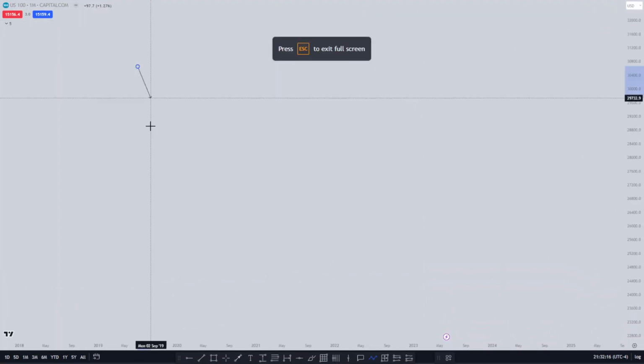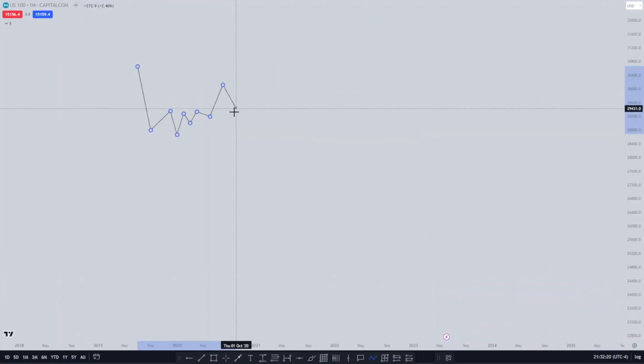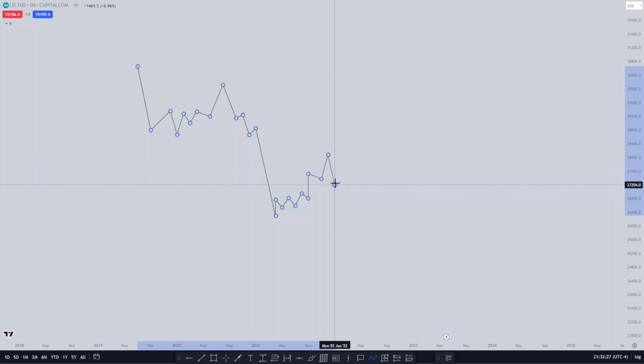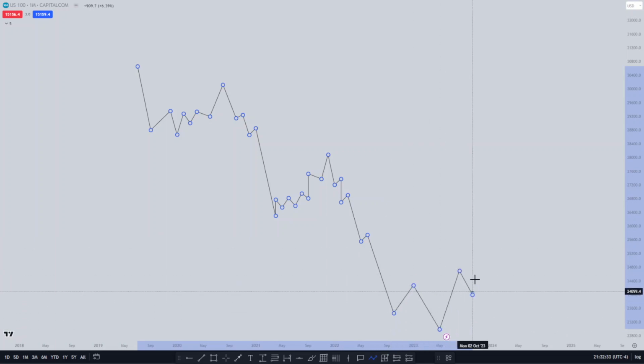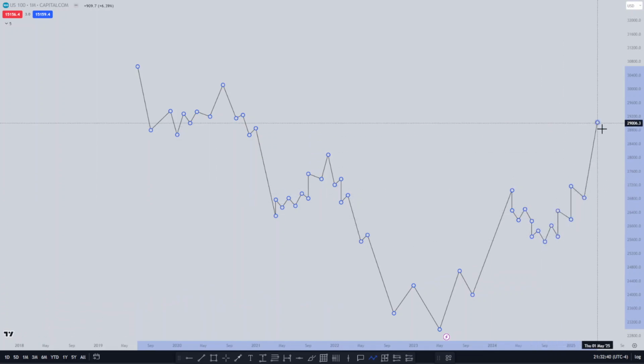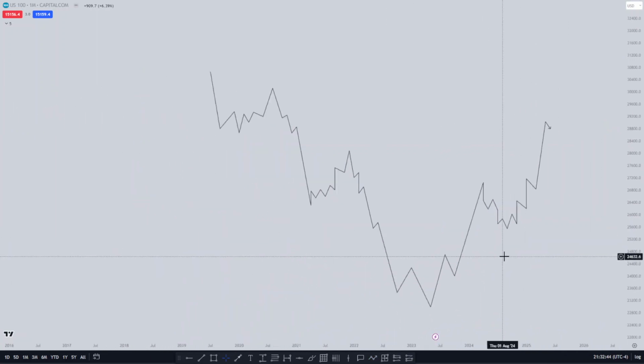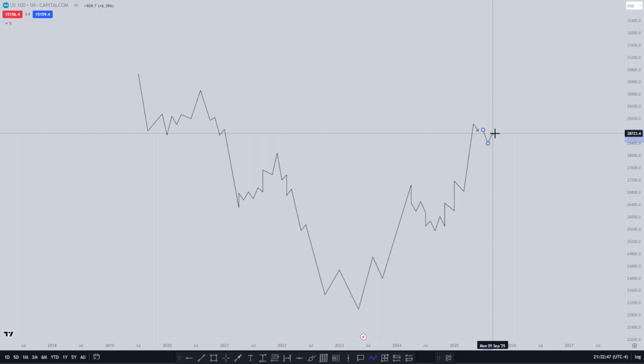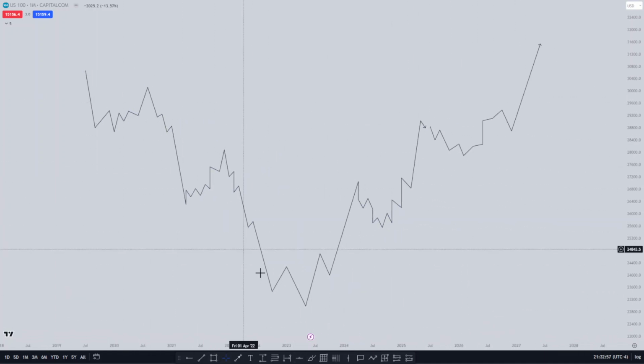For MMXM, that market maker ideology, let's say this is a market maker model, right? This is a market maker model, sell model, buy model.